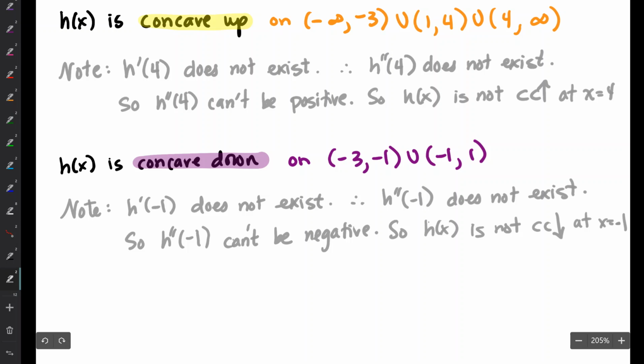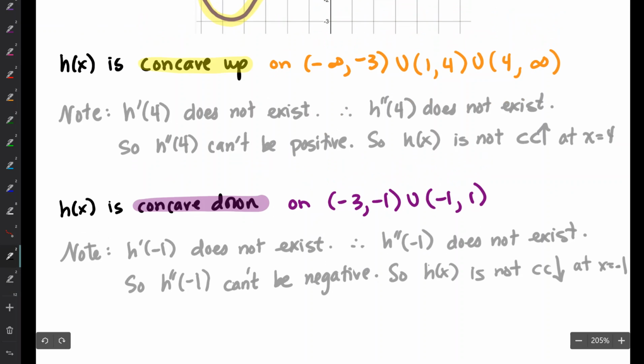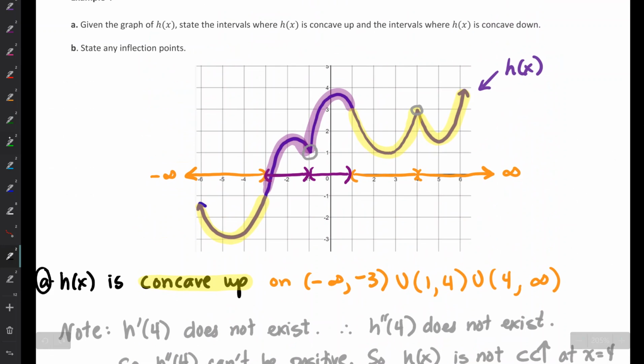All right. And now inflection points for part B, right? So all this is part A. And part B, go find some inflection points. That's where they're points on the curve, they're x comma y's, where we change concavity.